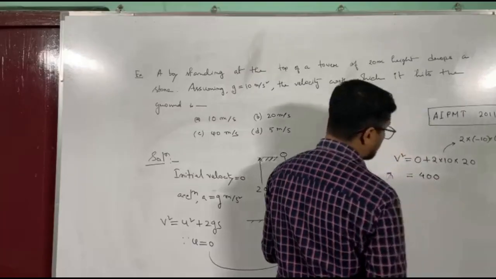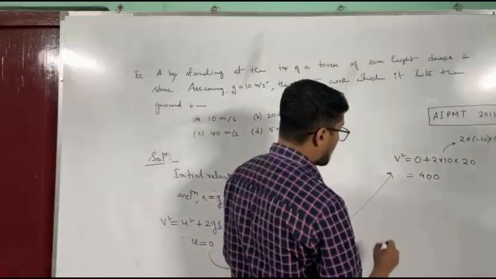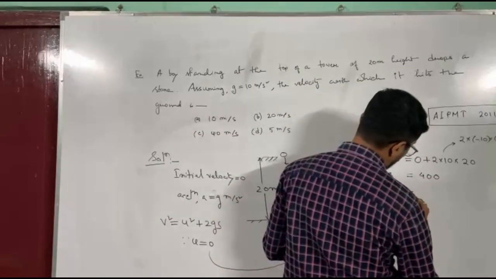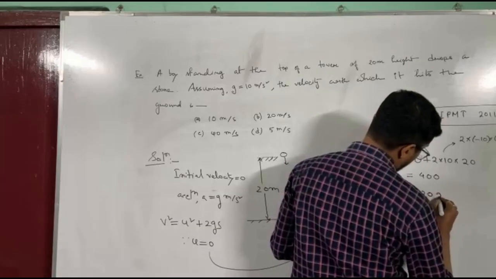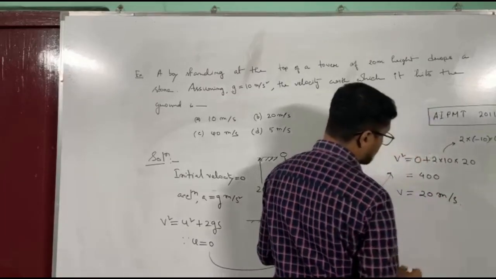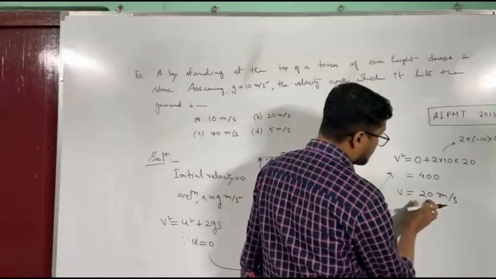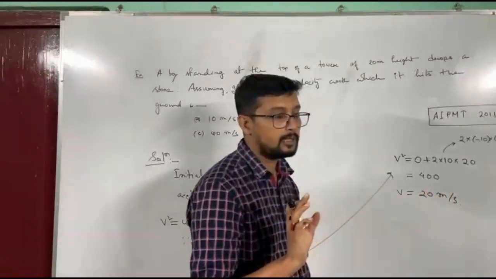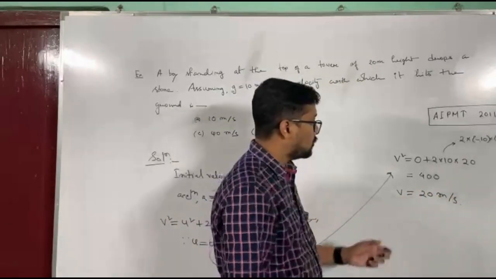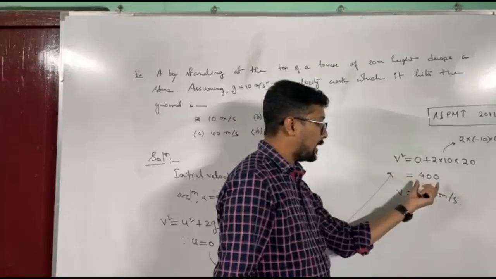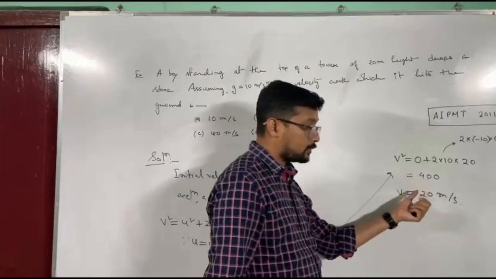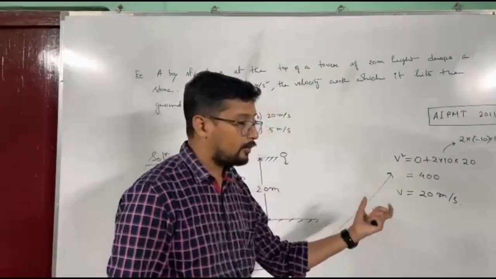So when you take square root, you get 20 meter per second. Now you see the magnitude is 20. We know when you take square root, generally we write plus minus of the square root value.